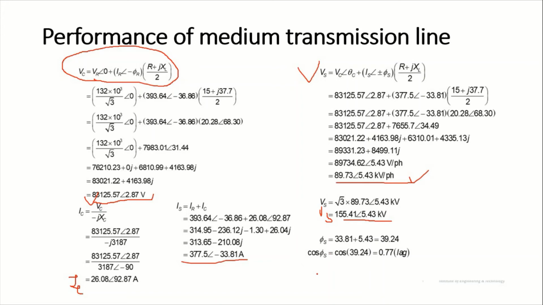Phi s can be found using phi R plus the angle obtained from the sending end voltage. So 33.81 plus 5.43, which is equal to 39.24. So cos phi s is cos 39.24, which is equal to 0.77 lag.